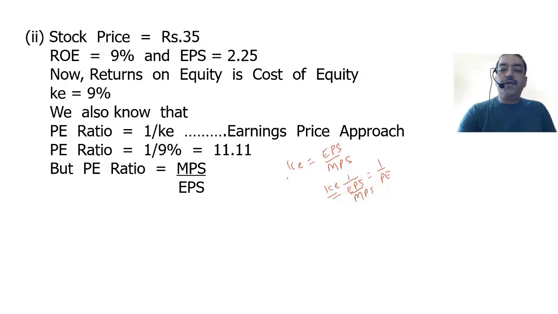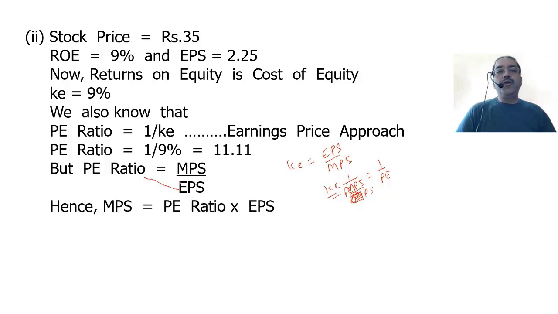Cross multiply. So MPS is equal to P/E ratio into EPS. P/E ratio is 11.11. EPS is given to me as 2.25. So MPS is equal to 25 rupees.